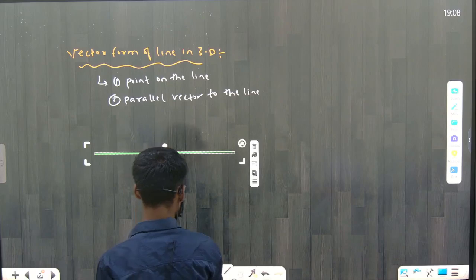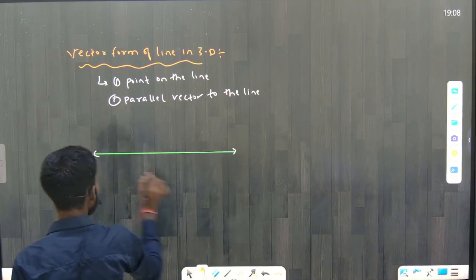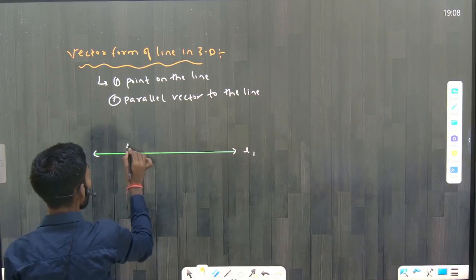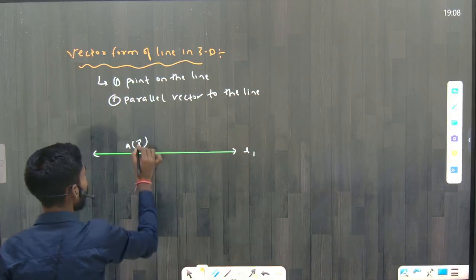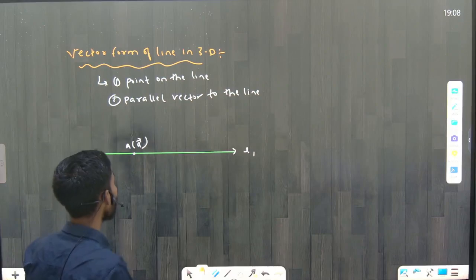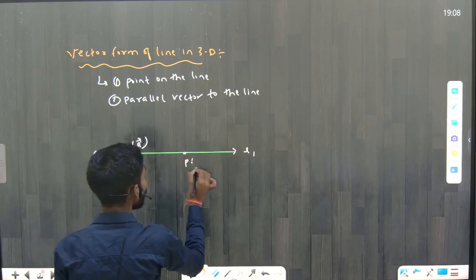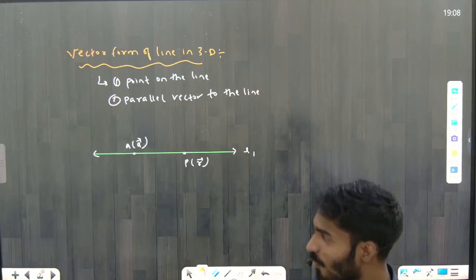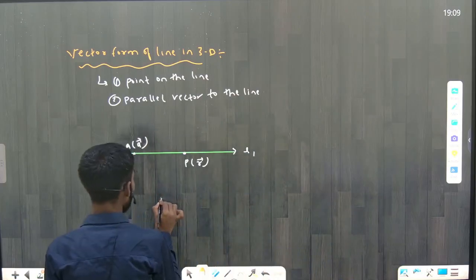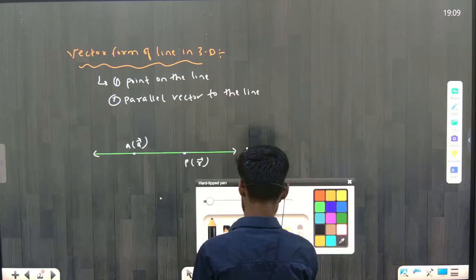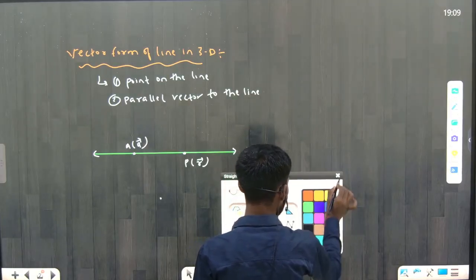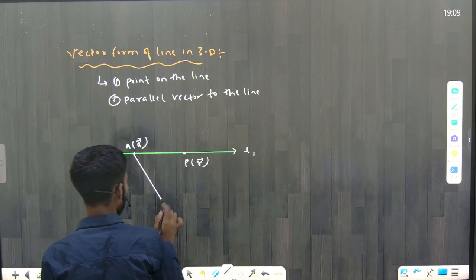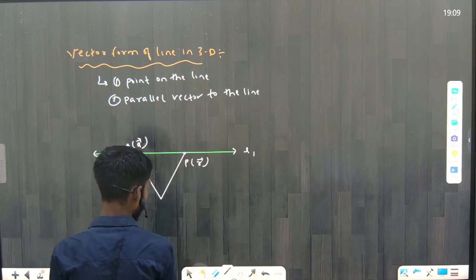Now we have a line. Suppose that this is line L1, and we assume a point A on L1, whose position vector is vector A, and we assume a general point P, whose position vector is vector R. We also know that a position vector always originates from the origin.